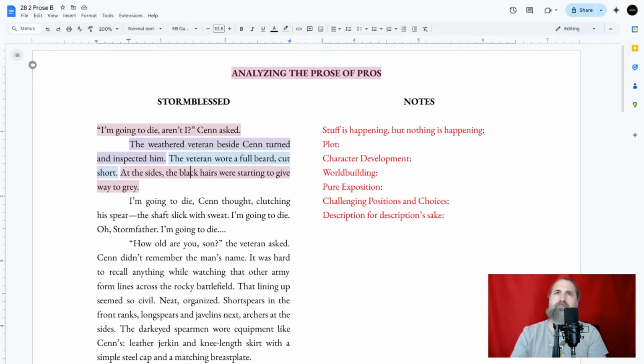All right. More importantly, I'd like to point out another thing. Traditionally in writing, when something is starting, it actually means it's stopping.